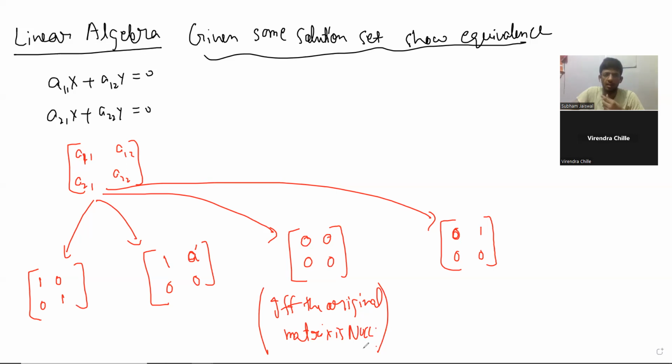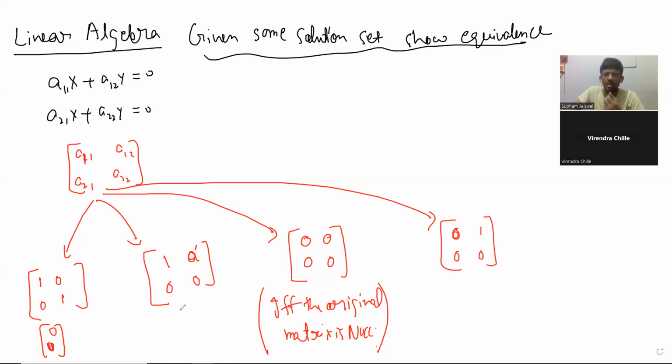That can happen, right? So these are the only situations. And then the solution set of this is 0 0, right? And what we just want to say is that if they have the same solution set, then they are equivalent, right?